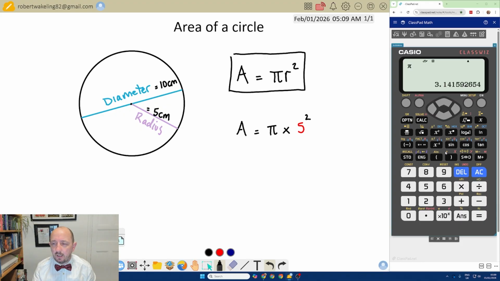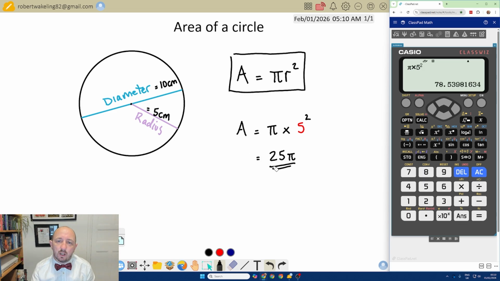So we're going to do pi, shift, and then this button here, times 5 squared. Now what you'll notice is the calculator leaves it as 25 times pi, 25 pi, because this number here is much easier to deal with than the decimal version 78.5, and then that number goes on forever. So at the higher levels, we keep the pi there because it will often cancel as we're doing our higher calculations.